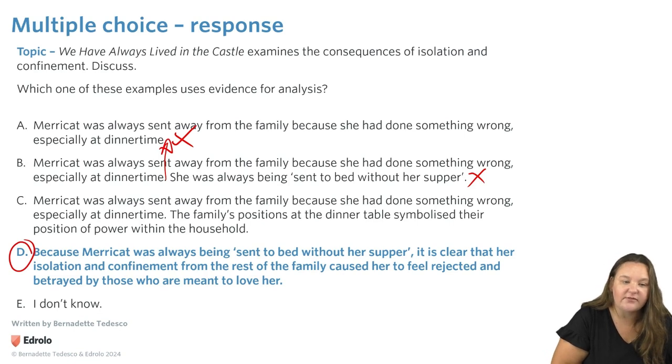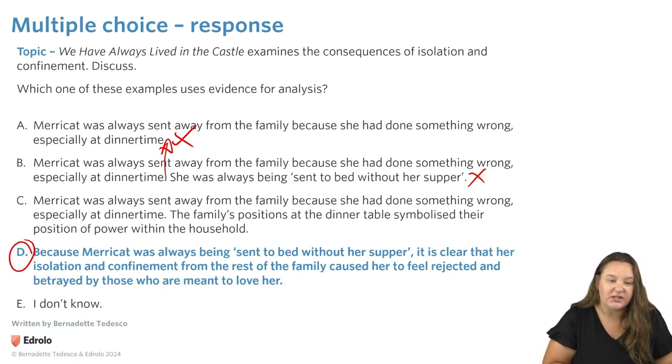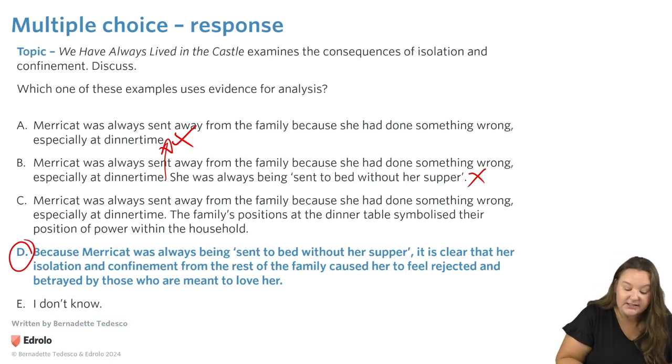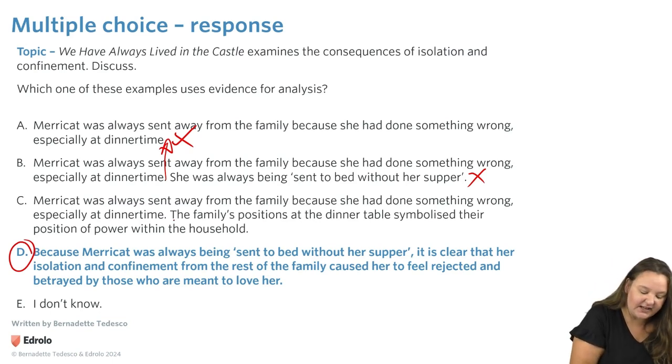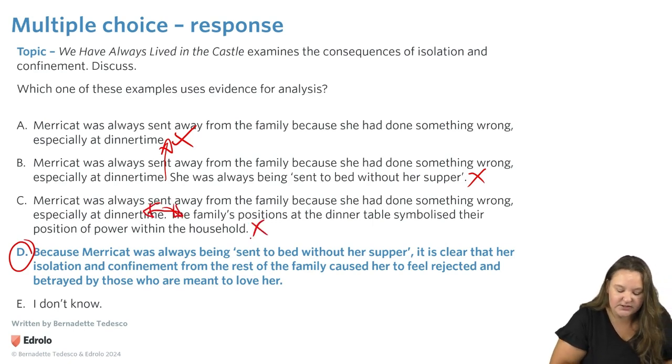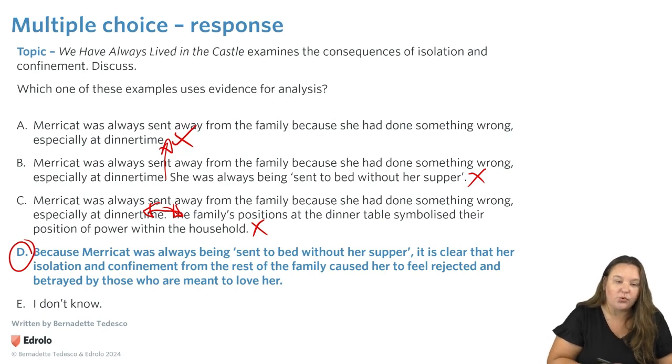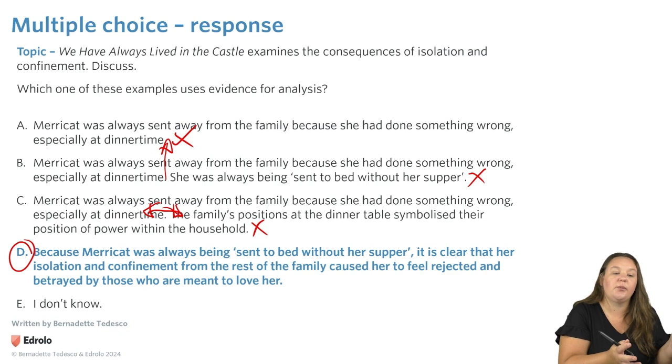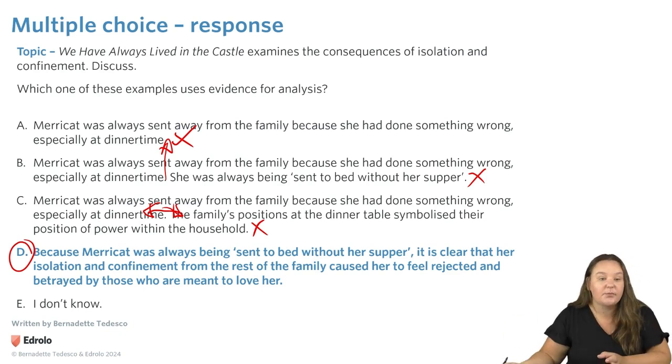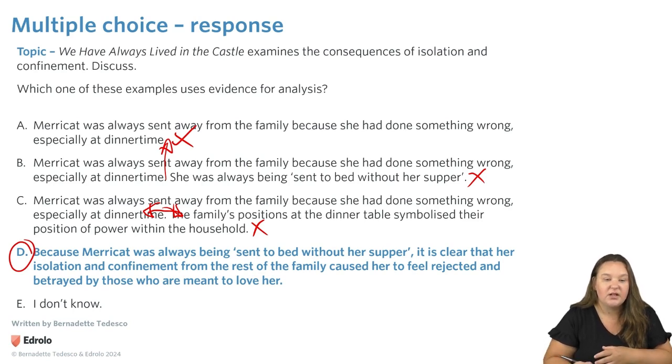Merricat was always sent away from the family because she had done something wrong, especially at dinner time. The family's position at the dinner table symbolised their position of power within the household. Okay, so we do have analysis, but the analysis isn't relevant to the example that's being told. So an example of her being sent away from the dinner table, I haven't made the connection. I've jumped from one point, she's always getting in trouble and being sent away at dinner time, to a second point, the family's position at the dinner table symbolised their position of power within the household.